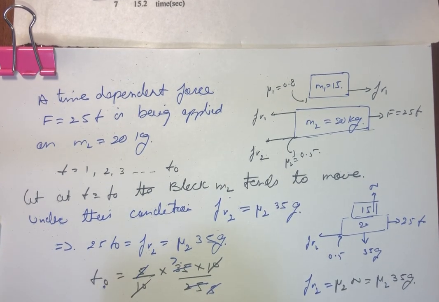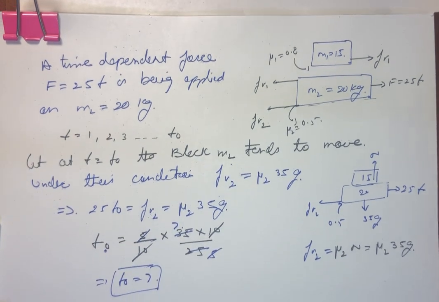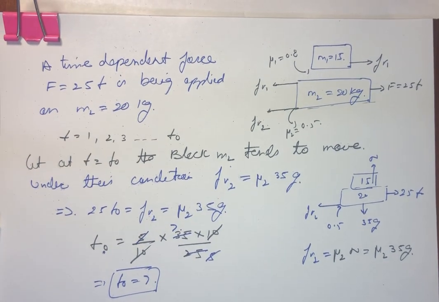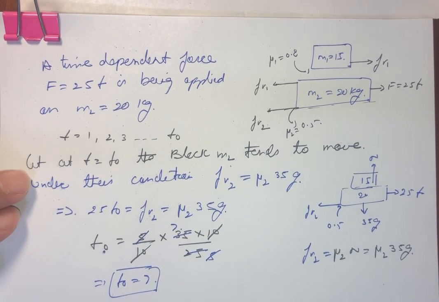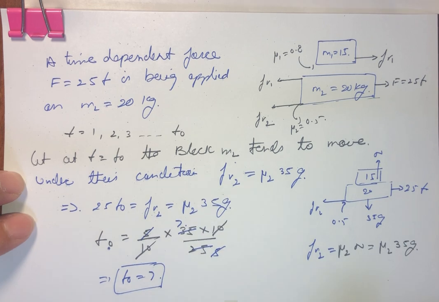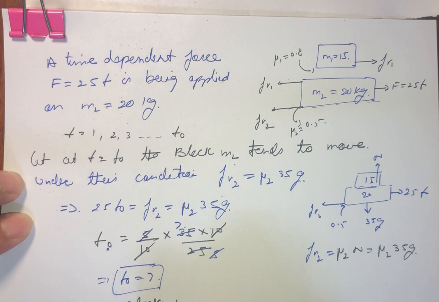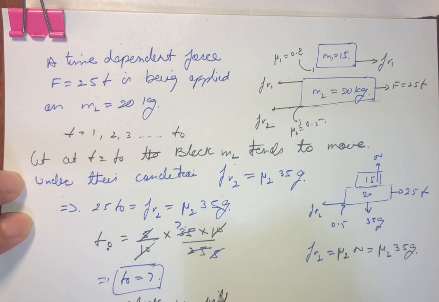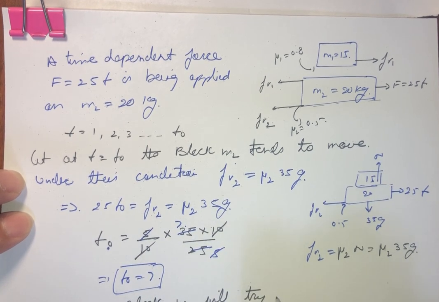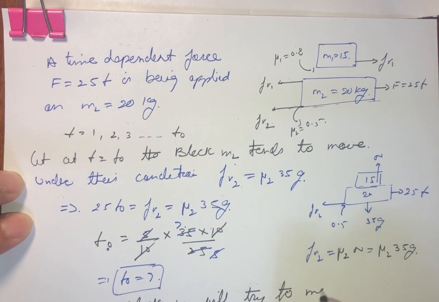So we can say T0 is equal to 7. So at this particular value of time, T0 equal to 7, block M2 will try to move.